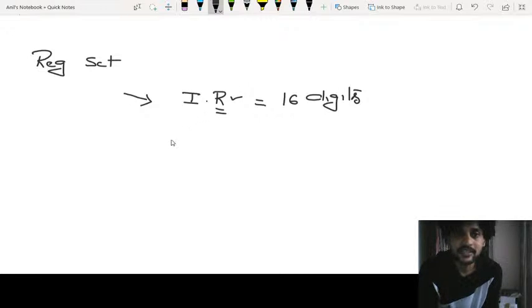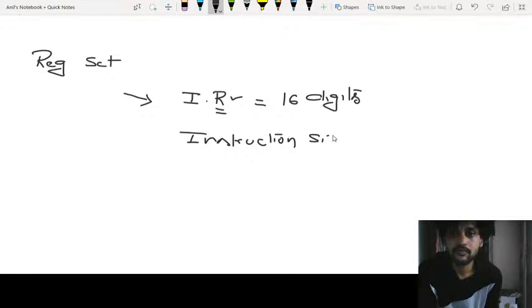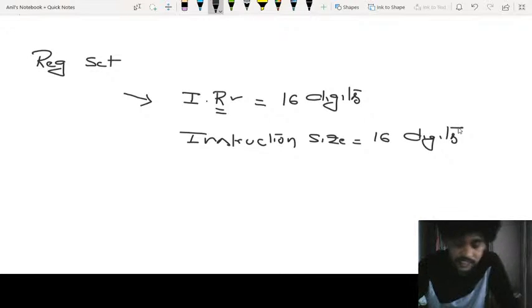Which means that the instruction size is equal to 16 bits. Meaning my instruction in my architecture is of a size equal to 16 bits. Let us examine these bits. Now let me draw a block diagram of the instruction register.